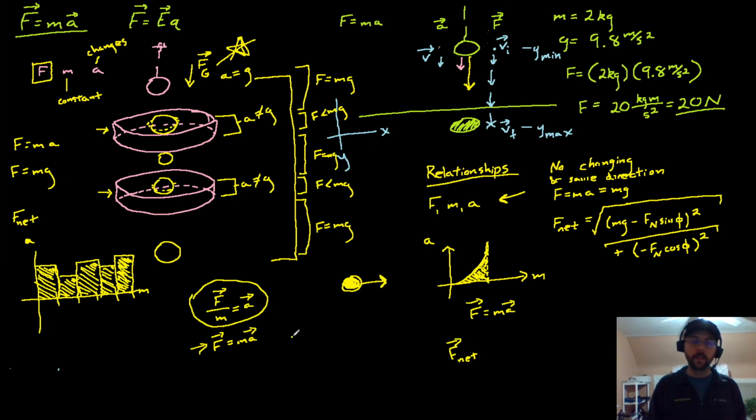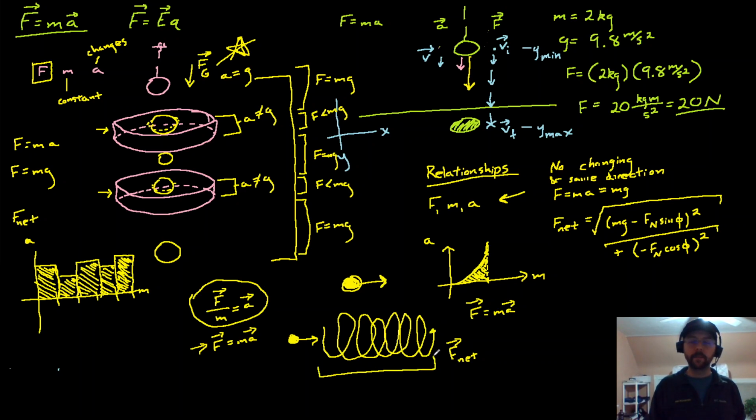So let me redraw this because I took up my space. So we have this ball, and it's moving in this direction, and it moves through some crazy warpy thing that causes the acceleration to change over time. When it hits its stopping point, during this course of time, we have a net force. I think that's fair to call that a net force. It's the same thing I called a net force right here, so I'm going to use that word.